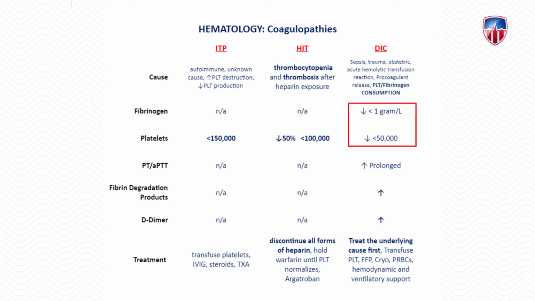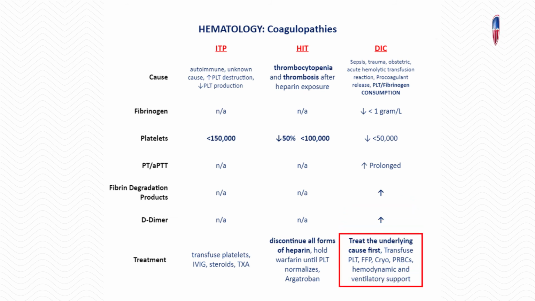Now, these patients will present with petechiae and bleeding, and their lab results are going to show decreased fibrinogen and platelet levels, as well as an elevated PT and APTT, elevated fibrin degradation products, and elevated D-dimer. And the priority for treatment is to fix the underlying cause and transfuse platelets, FFP, cryoprecipitate, and/or PRBCs, as well as supportive measures like hemodynamic and ventilatory management. Now next, let's take a look at HELLP syndrome.